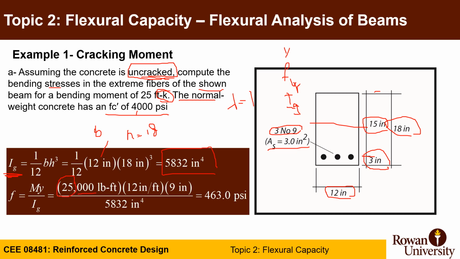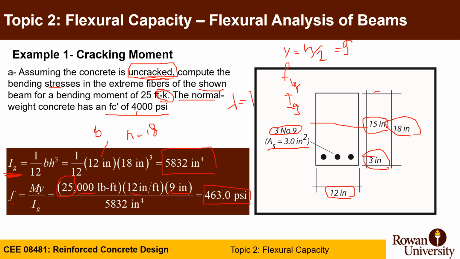You convert from feet to inches, you multiply by 12. y in this case equals 9, which is h over 2 because the entire cross section is intact, 9 inches. And we calculated I gross already before as 5,832 inches to the fourth, so you get the stresses of 463 psi.